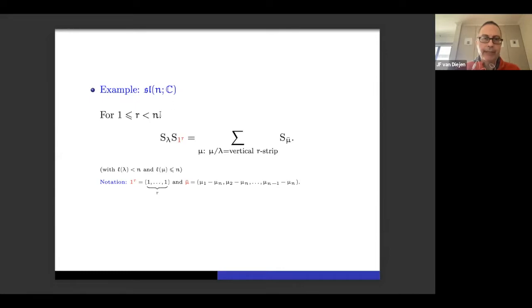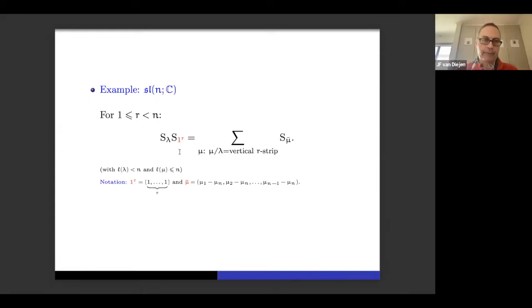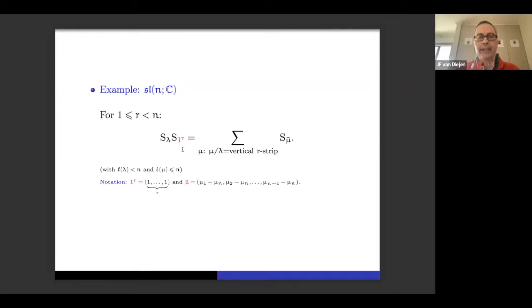This means for SLN, this gives you all the expansions for tensoring with the fundamental representation. But unfortunately, if you go to other types, then the fundamental weights are usually not minuscule. So it means you cannot use this formula to compute tensor products with any fundamental representation in the other types.